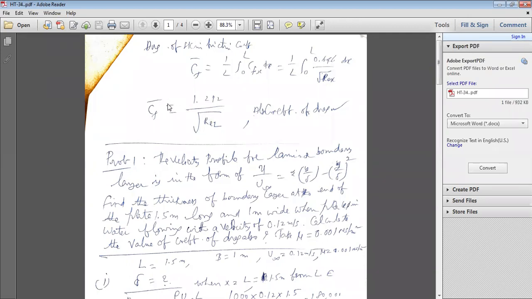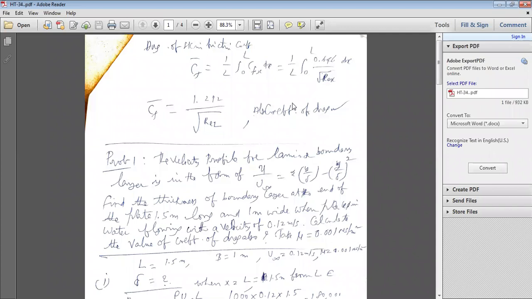Okay? So the average convection coefficient is also known as the coefficient of drag. Cf bar, the average convection coefficient, is also known as the coefficient of drag.